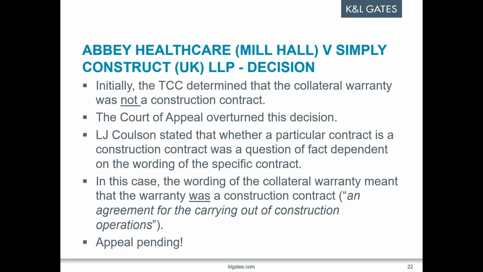There was also some discussion of the other wording, the Parkwood type wording, which was about acknowledges and undertakes. And Coulson again said that doesn't really make any material difference, considering the difference to be splitting hairs.